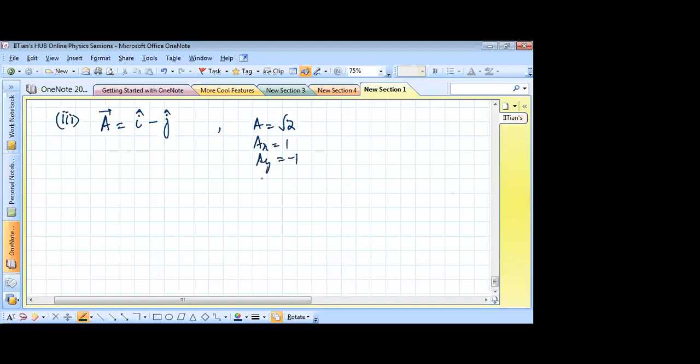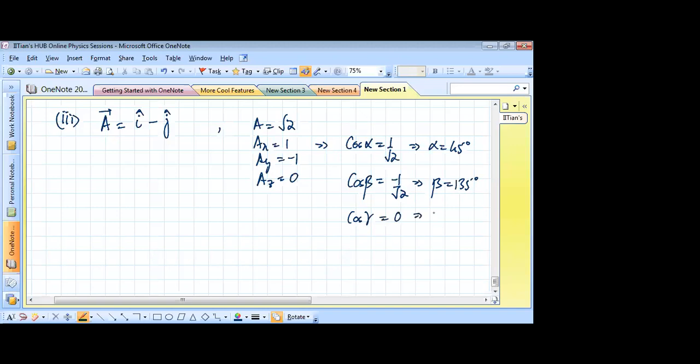Ay is minus 1. Az is 0. So therefore, cos alpha is 1 by root 2. So alpha is 45. But cos beta is minus 1 by root 2. So beta becomes 135 degrees, obtuse. And cos gamma is 0. So gamma becomes 90 degrees.